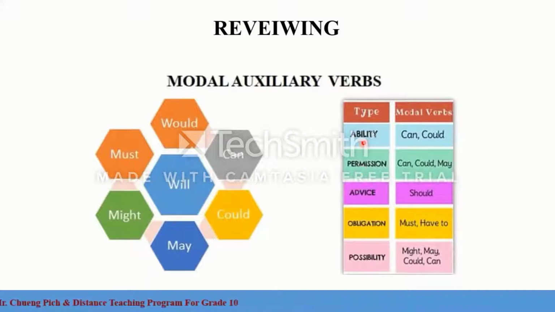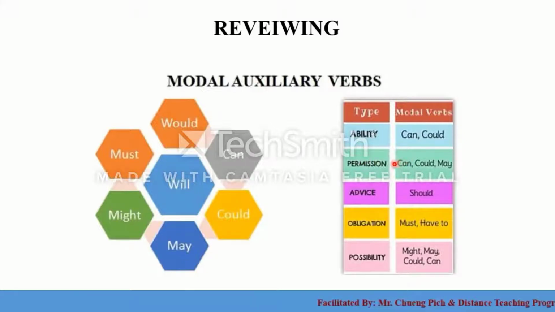For example, when you want to express the ability of someone, you can use can and could. If you want to ask permission, like may I borrow your book, you ask permission from the owner of the book. If you want to give advice to somebody, you use should.